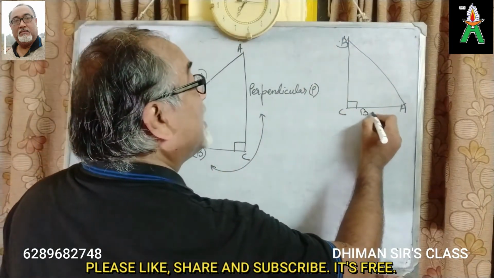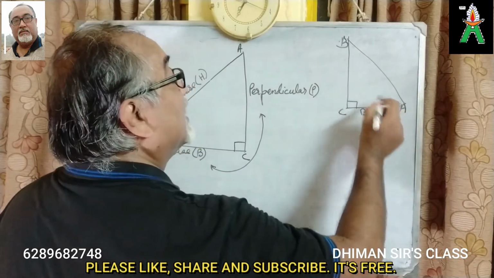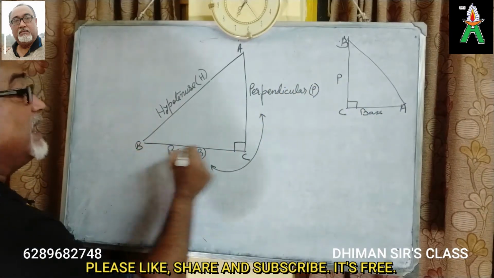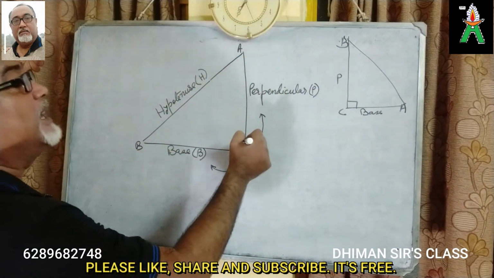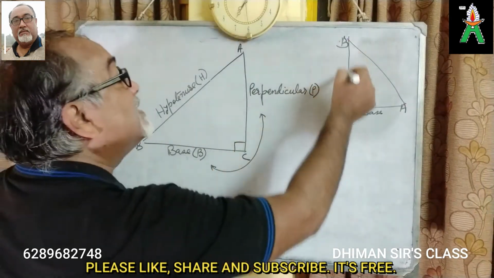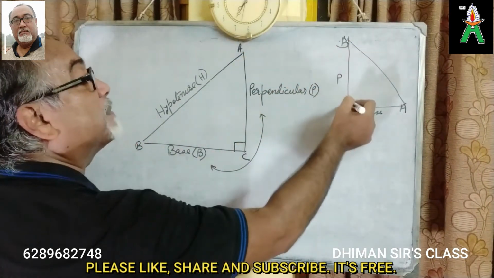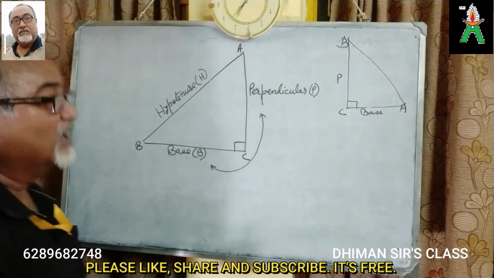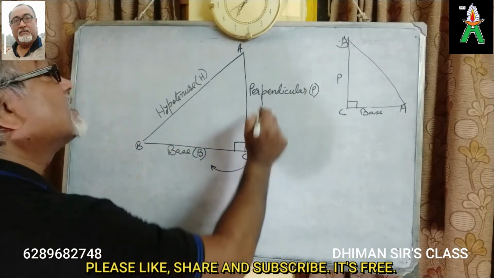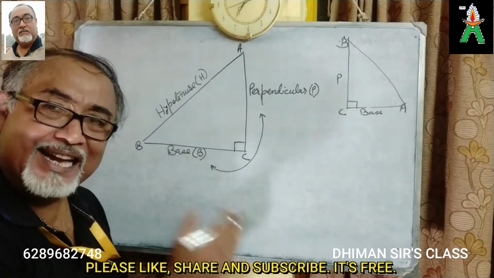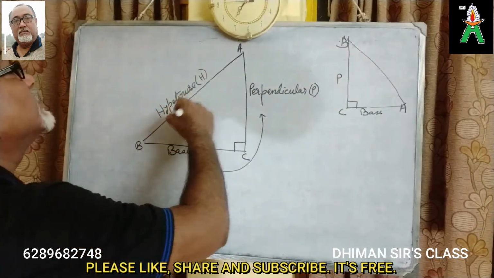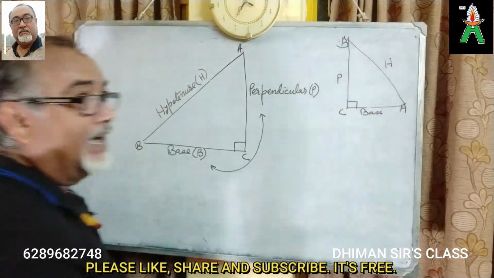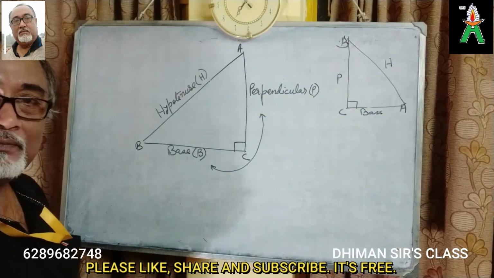Here AC becomes the base, and here BC becomes the perpendicular, but BC initially was the base and AC was the perpendicular in the earlier diagram. So I told that base and perpendicular may be interchanged, but see, the hypotenuse was AB in the earlier diagram. Here still it remains the hypotenuse in this diagram also. Understood?